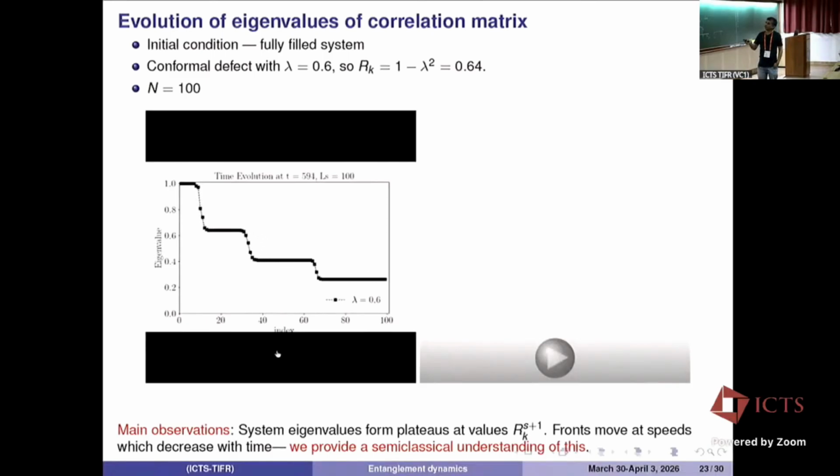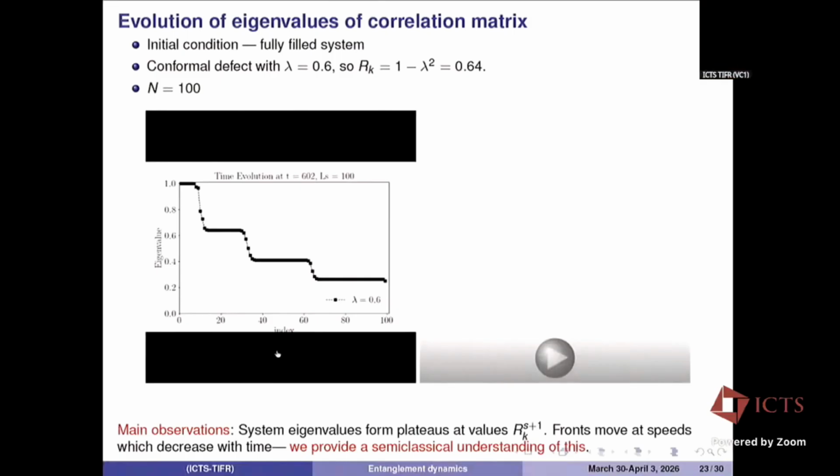Then you see that some extra eigenvalues keep popping up, and these values, in the system, are exactly related to the reflection coefficient. This value is, for example, exactly Rk, the reflection coefficient. This is R square, this is R cube, and so on.